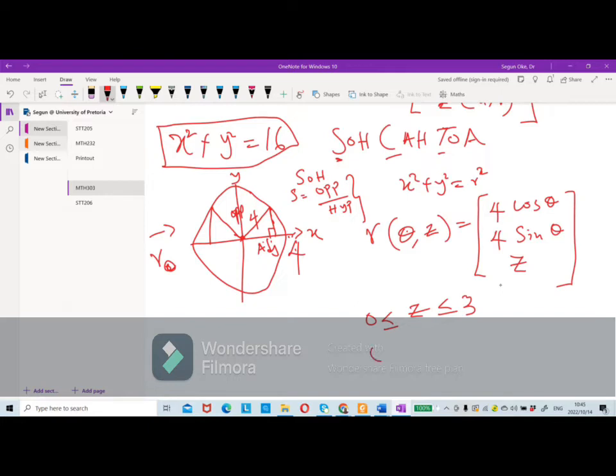Theta is 0 less than or equal to theta, less than or equal to 2 pi. Why are we using 2 pi? Because of revolution. One full revolution we are discussing now. Are we together now? Yes, sir.